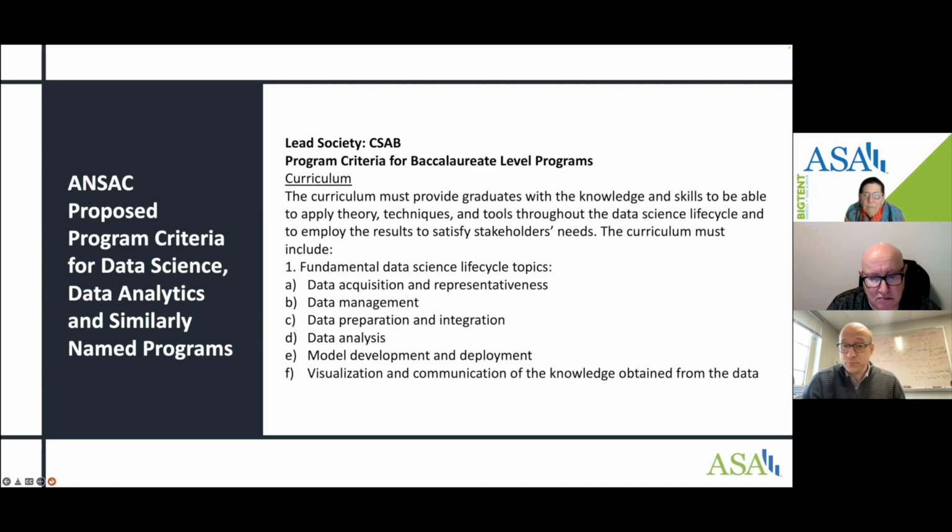So that's the precursor to what you're about to see. And what we're looking at here is no longer changes, right? You remember that for CAC, what we saw was a lot of red text, a lot of crossing out and whatnot. That's because CAC, being a year ahead, actually reflects changes to the original criteria, whereas these are proposed criteria. These are the first versions of the criteria that are being proposed by ANSAC.